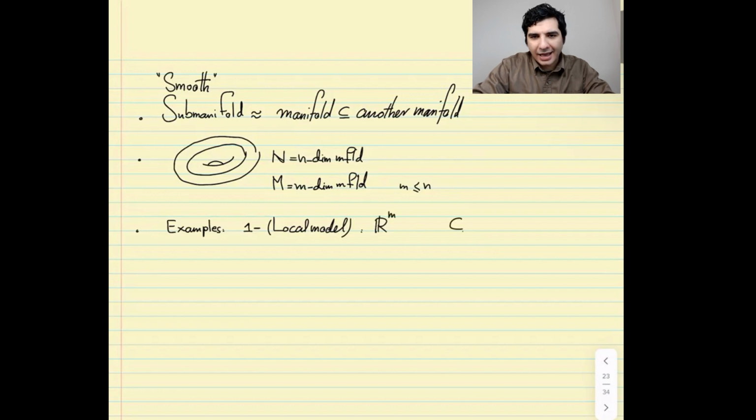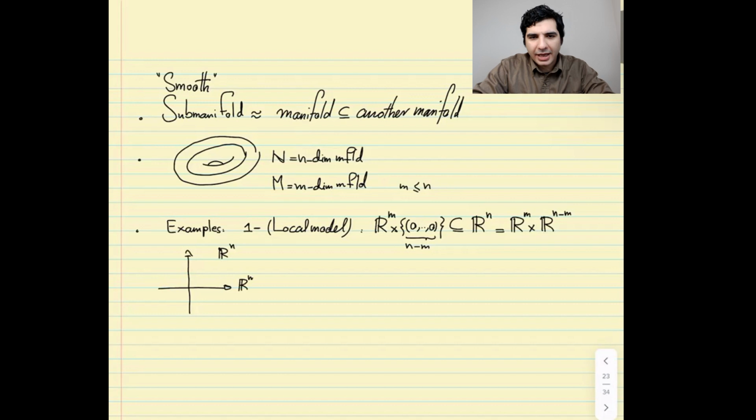Think about, say, R^m inside some other Euclidean space R^n, like a line inside a plane or a line inside R^3, things like that, right? We can think about R^n as R^m times R^(n-m), where here n is larger than m. So R^m times the point (0, 0, 0) can be understood as a subspace of R^n.